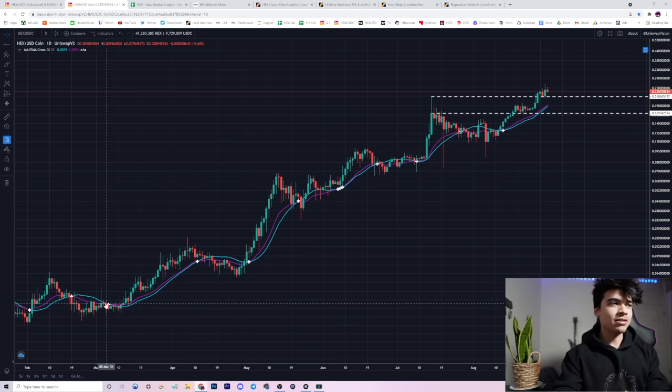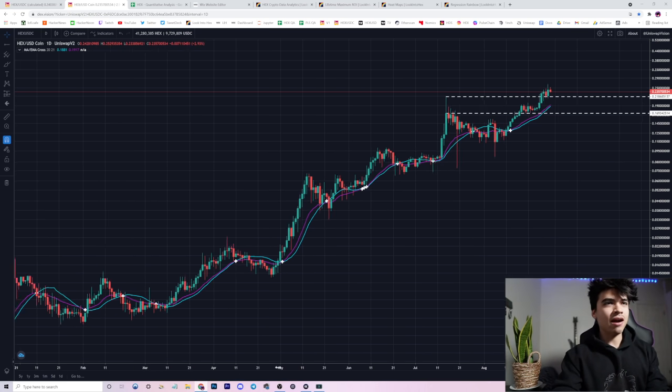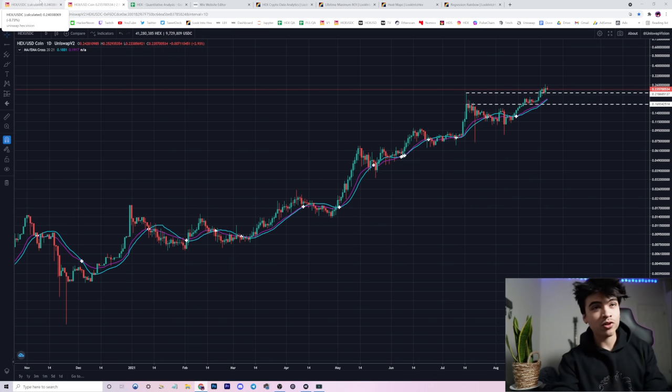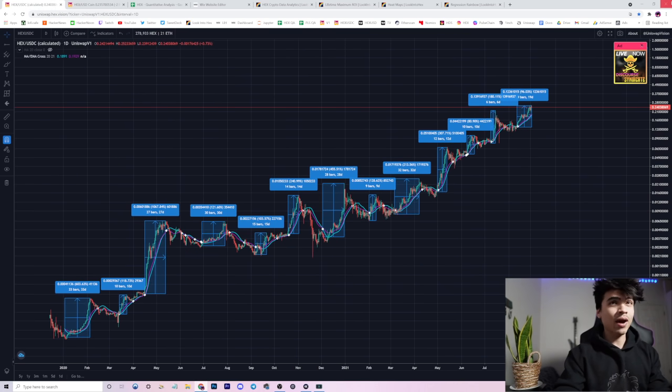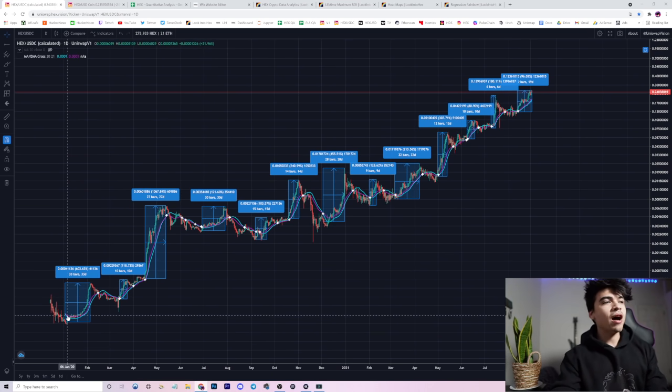When we have our cross of our purple quick 21 EMA over our 20 simple moving average, we tend to have rallies. Now, I could sit here all day and tell you what has happened, but without the numbers, we can't really project in any meaningful way. So what I went ahead and did was I looked at every significant cross of this purple curve above the blue curve, because they attempt to represent the same data.